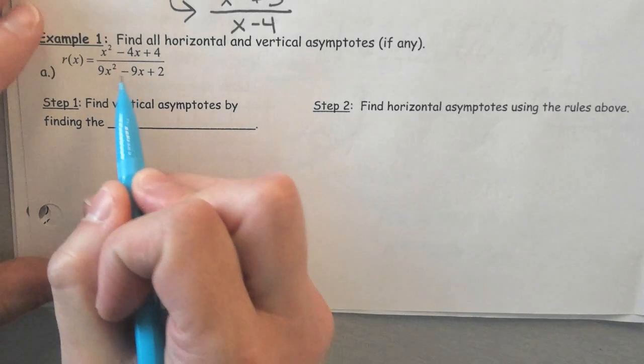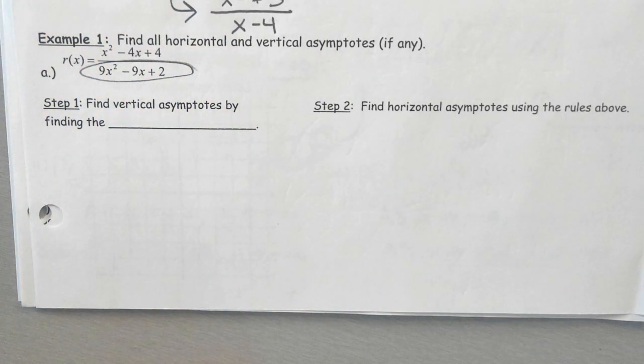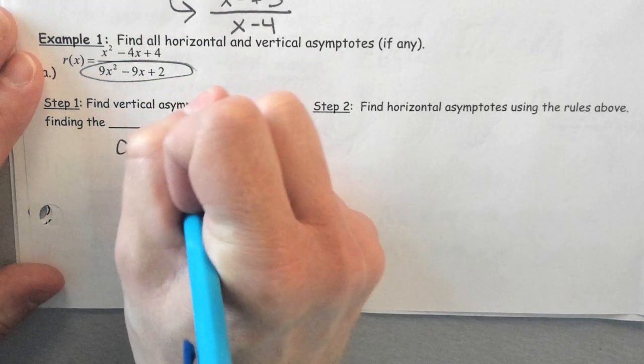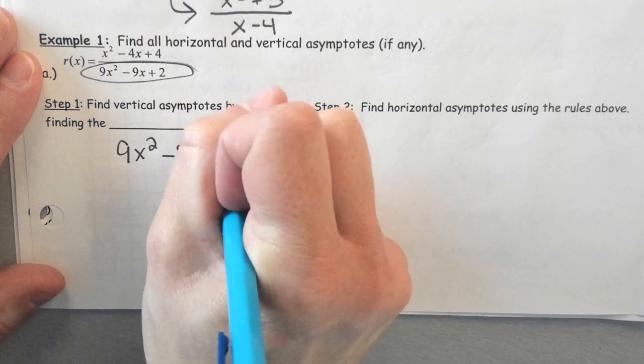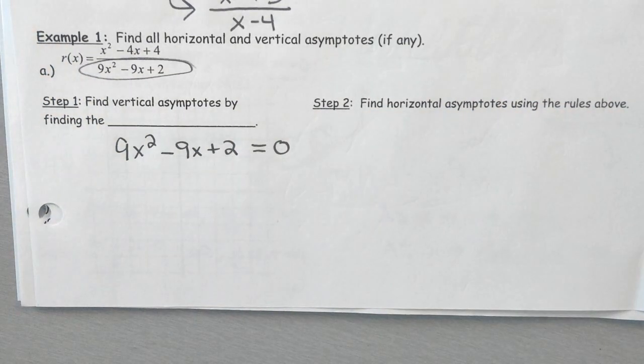The denominator has to be 0. So I don't even care about the numerator right now. I truly only care about the denominator. So I'm looking at 9x squared minus 9x plus 2. And my question to myself is, when would that equal 0? Because that's going to tell me where my asymptotes live that are vertical.